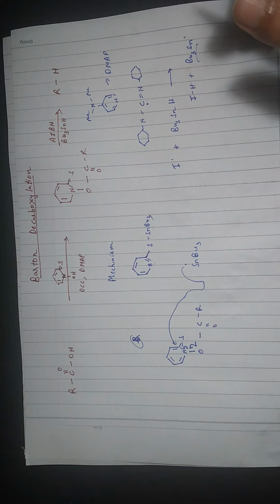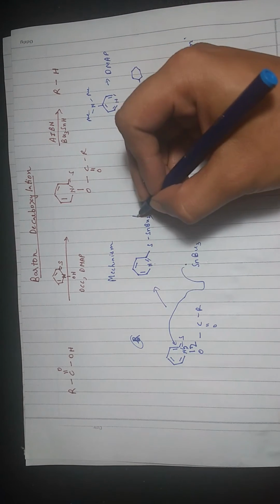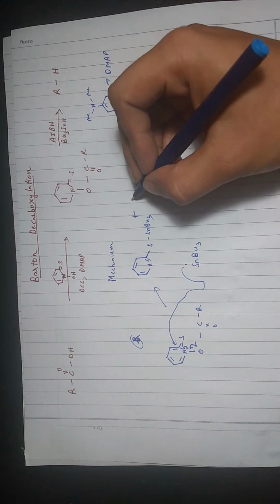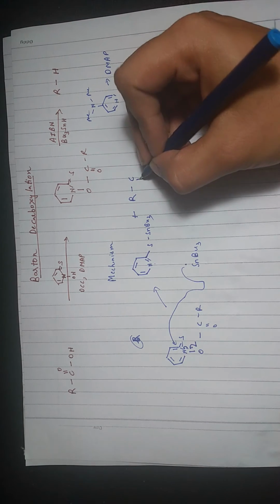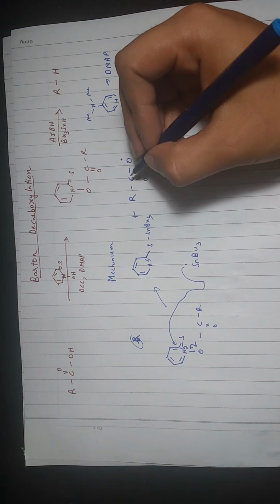So this we get, and meanwhile we also get this, plus we get one more group which is R C double bond O, and this is a radical over here.